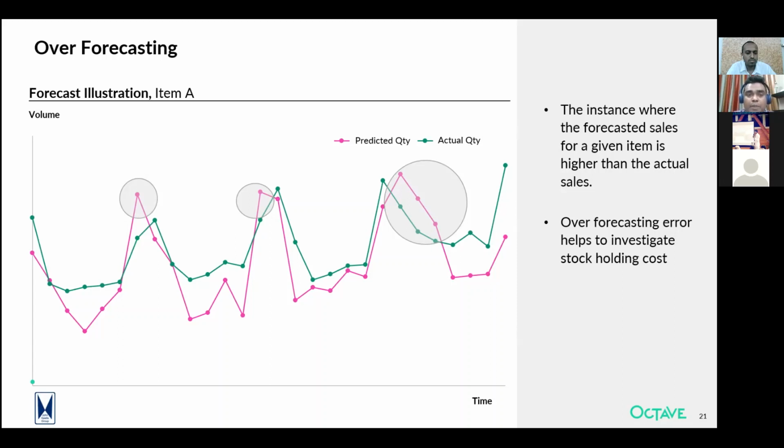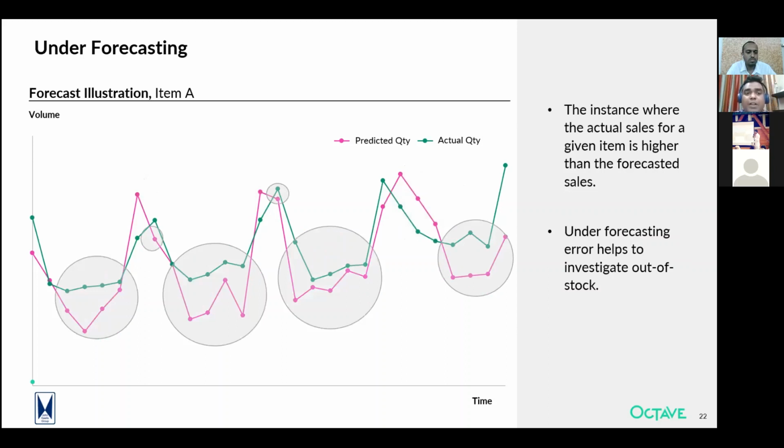The problem is that 100 units remain. At the supermarket, they have to keep this stock somewhere, so you are adding some stock holding cost. Then again, it depends on the business, so sometimes they are okay to have this stock holding cost.